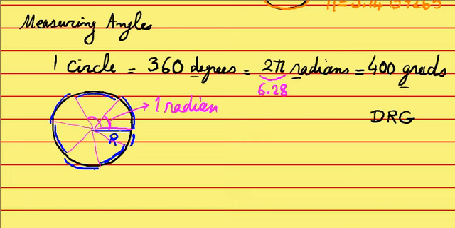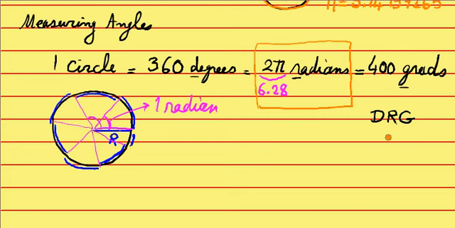Remember, in calculus, even though this is rather unfamiliar notation, we need to work with radians, otherwise our differentiation formulas have to be changed. Okay, if you want to convert from one unit to another unit, this is the formula you use for quick conversion.